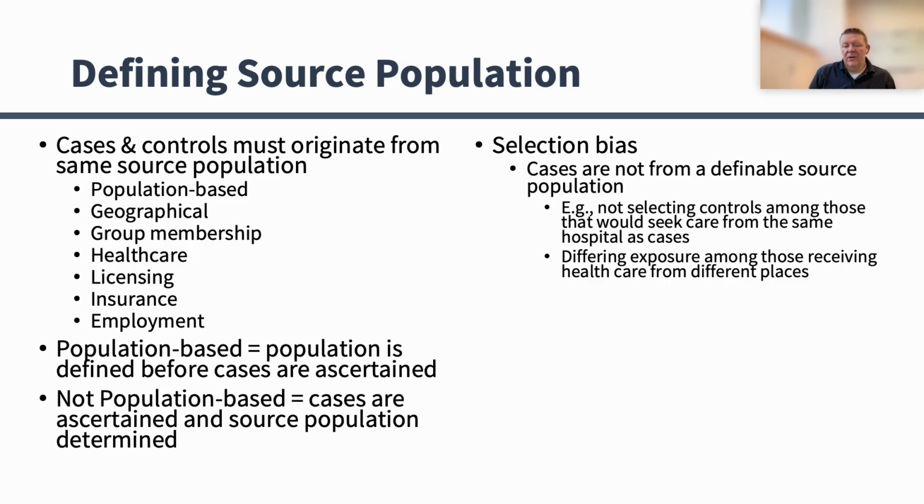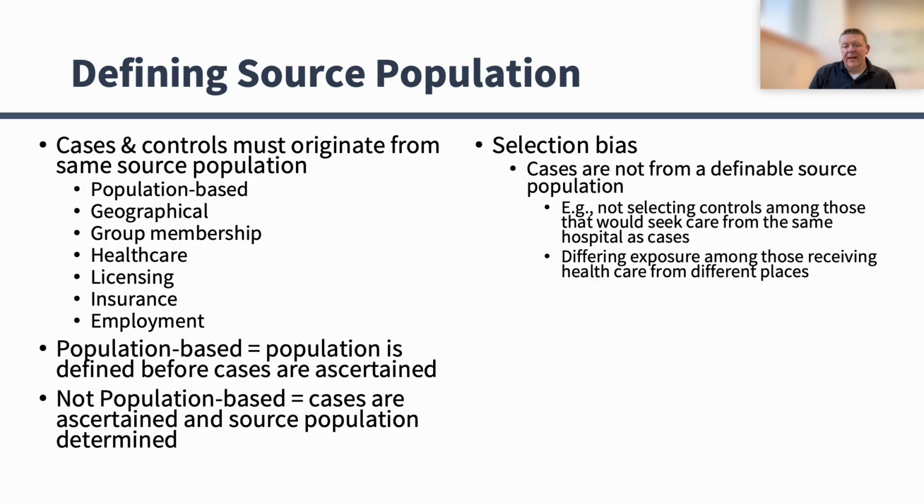So for example, if we are choosing cases from people who have experienced healthcare, like emergency room visits at some clinic, then we want to be sure that the people we're selecting from among that hospital or clinic are people that would be seeking care from there normally, and would show up there the same way as a case would if they were to have an injury.